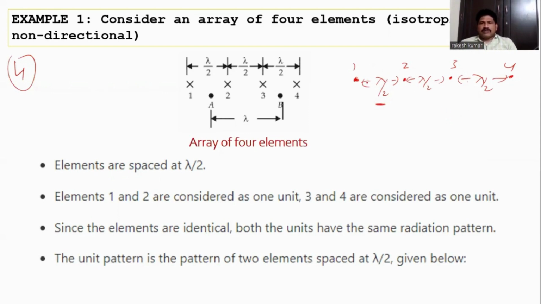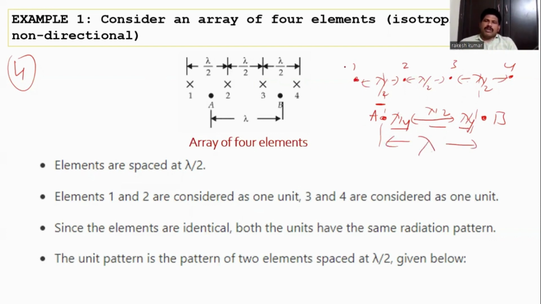Instead of this, I am keeping 1 and 2 as one point A, and 3 and 4 as one point B. Now what is the distance from here to here? It is lambda by 4, then lambda by 2, then lambda by 4. What is the total distance? The total distance is lambda.